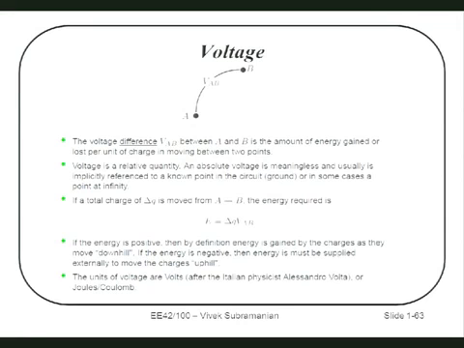Actually, let me ask a question. You should be able to figure this out because you have part of the information from the last class. What is the charge on an electron? 1.6 times 10 to the minus 19 coulombs. Okay.